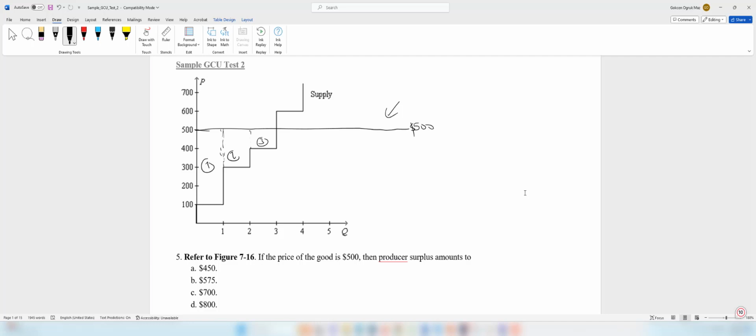Because producer surplus is the difference between price and the supply curve. Area 1: here we have 400, here is 1, so area 1 is 400 times 1, which is 400. Area 2 is 200. Area 3 is 100. If we sum all these up, we get 700, which is the total producer surplus.